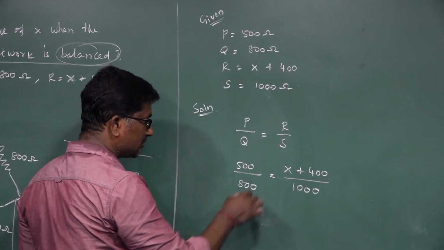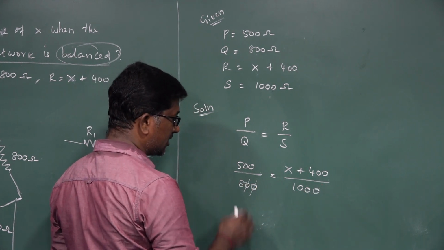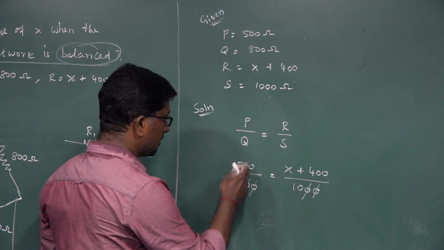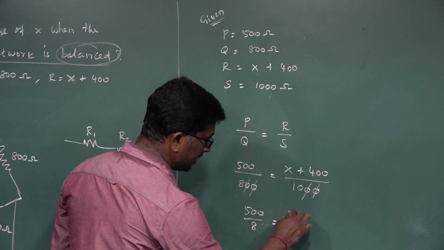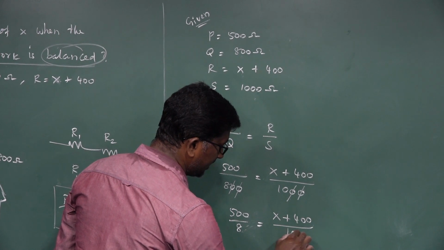Right. Simplification. In both the denominators, 0 is there. So first cancel that. Next 500 divided by 8 equal to X plus 400 divided by 10.